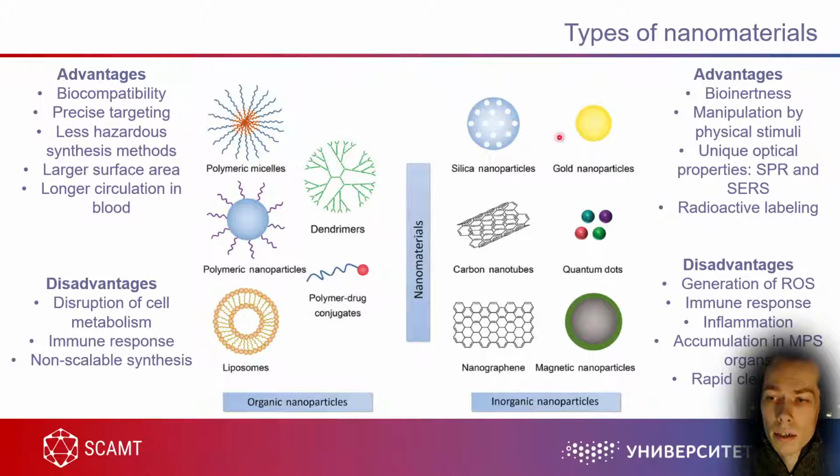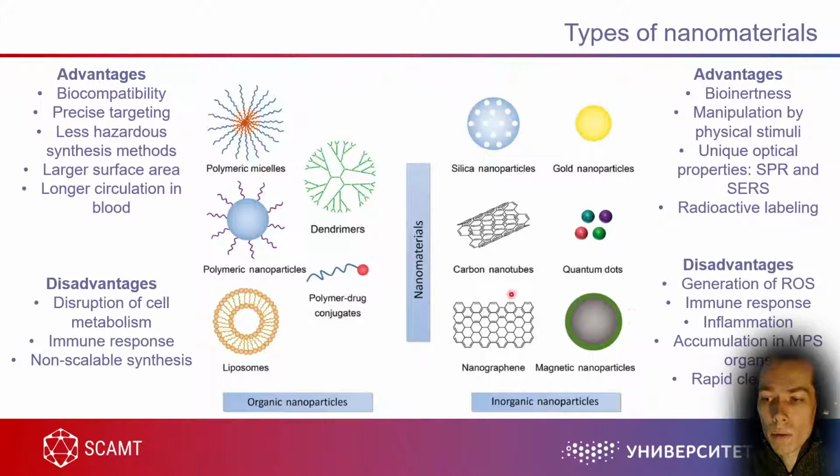And since all of these are basically metals or non-metals, they have some ability to be manipulated by physical stimuli. So gold nanoparticles, for example, you can manipulate the temperature of these particles by illuminating them with light of a particular wavelength.